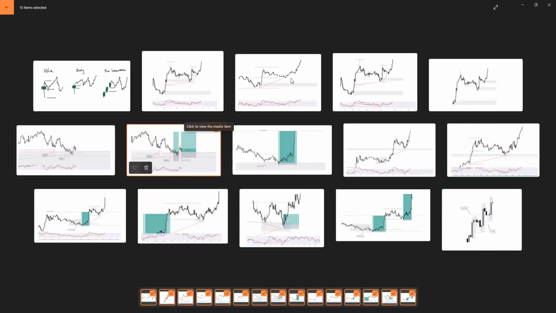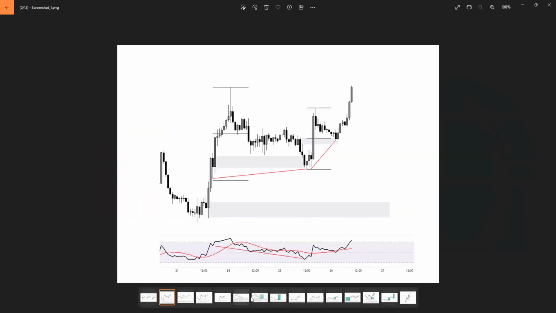Then we have this. So from this perspective, as we can see, price left this one, but we had another range moving up. And remember, this can be a potential liquidity.